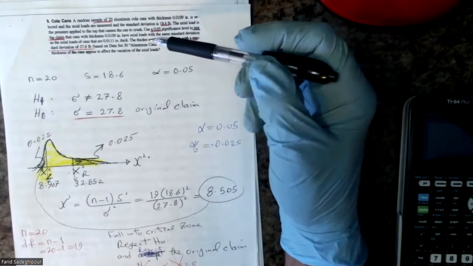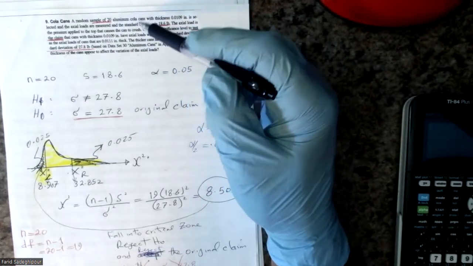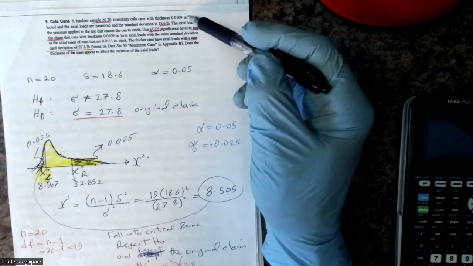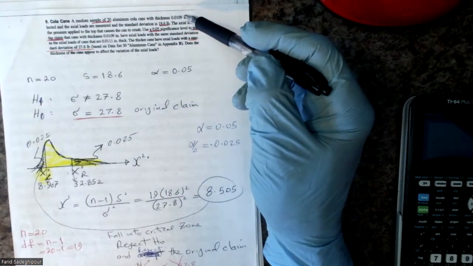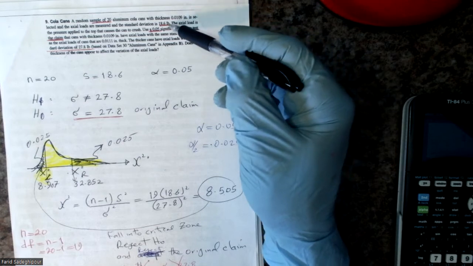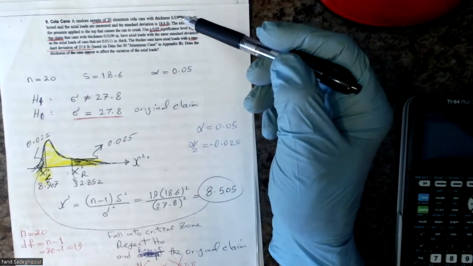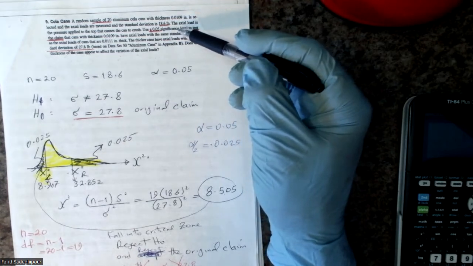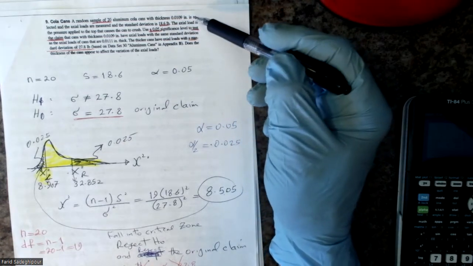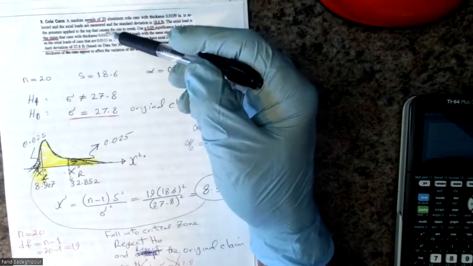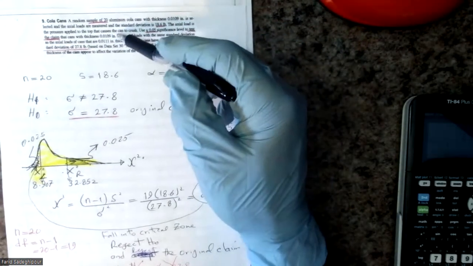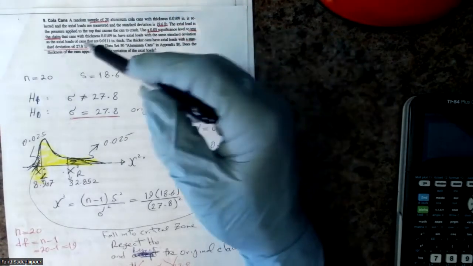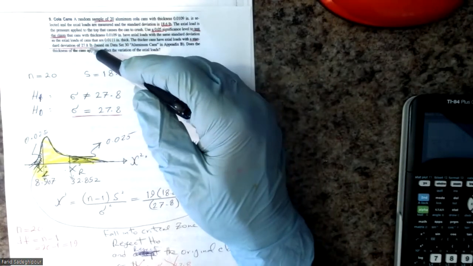See, here there are 20 samples of aluminum cola cans, and the standard deviation of the sample is given as 18.6. And the claim is, use a 5% significance level, so alpha is 0.05.